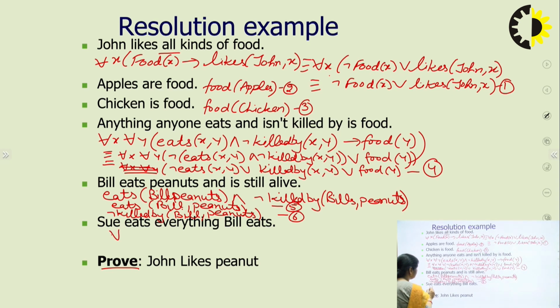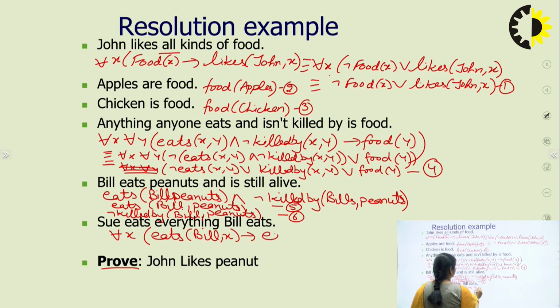So let me take for all X, if Bill eats X, then Sue also eats X. Everything Bill eats, Sue also eats. So again we will convert it to clause form. What is there in this proposition? That is implication.